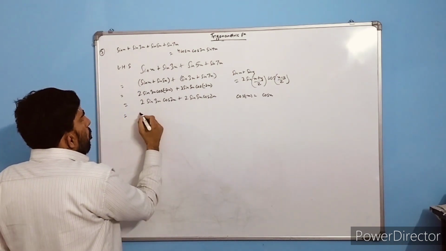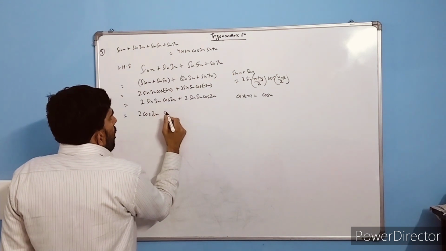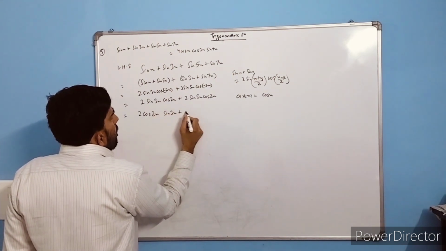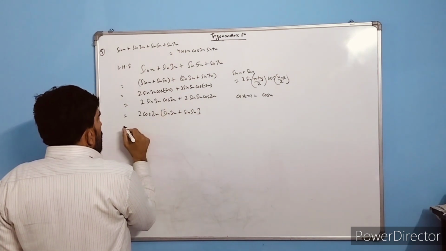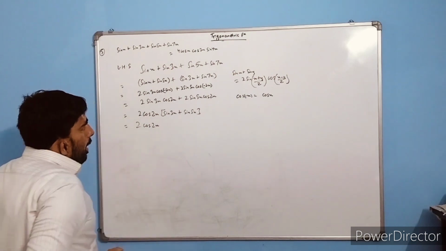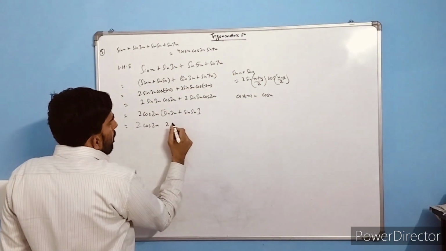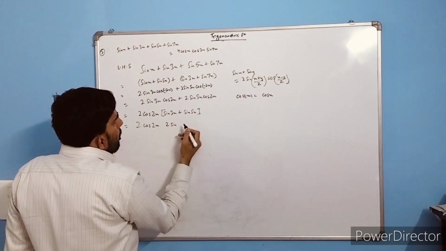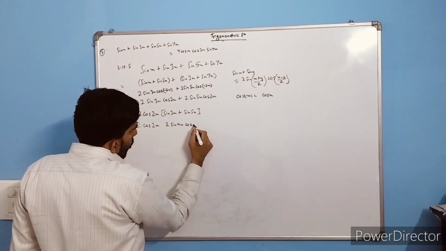Now here we can take 2 cos 2x common. What do we have? Sin 3x plus sin 5x. Now we'll apply the identity again, that is sin x plus sin y, which is 2 sin x plus y by 2 cos x minus y by 2.